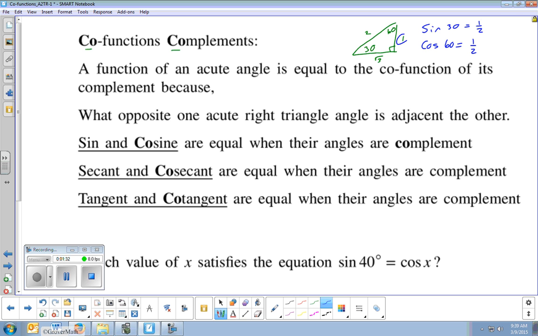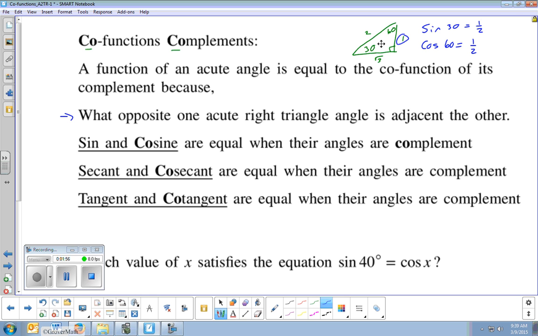This 1 is opposite the 30 over the hypotenuse, but for 60, remember when we change our perspective to the other angle, this 1 is not opposite 60, this 1 is adjacent to 60. So this is what this sentence is saying, that what's opposite one acute angle is adjacent the other. This 1 is opposite 30, but it's adjacent to 60.